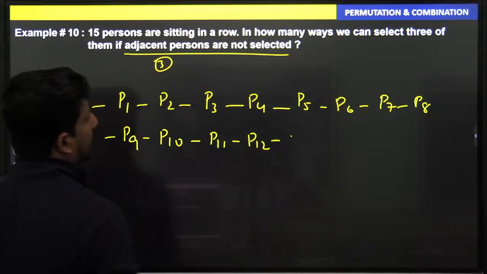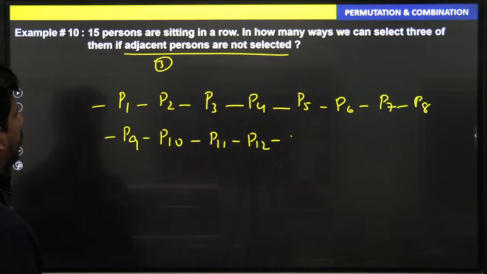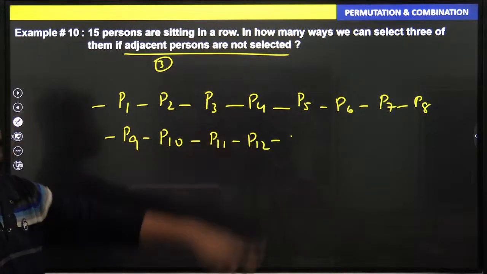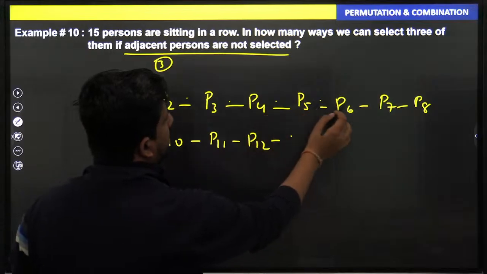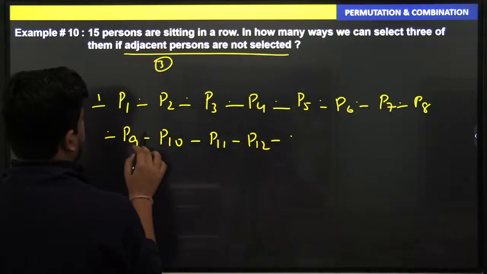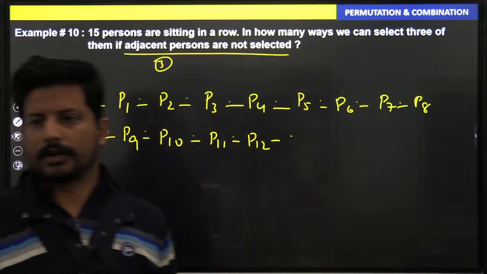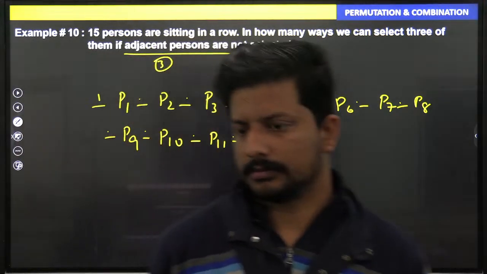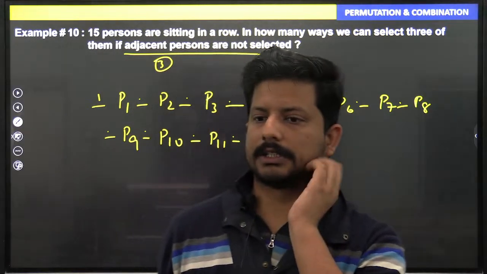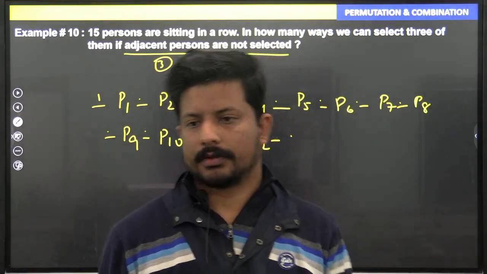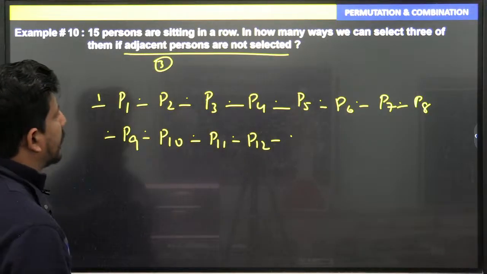So like this. How many gaps are there here? 1, 2, 3, 4, 5, 6, 7, 8, 9, 10, 11, 12 and 13. So we are giving 1 gap between each pair of numbers.